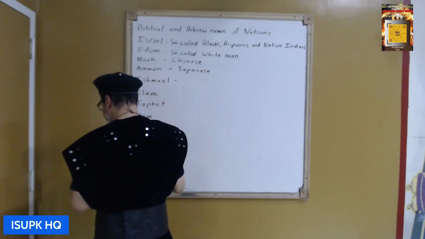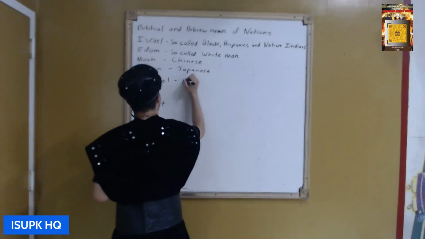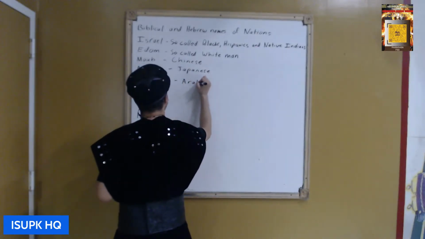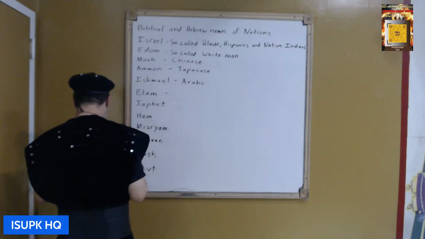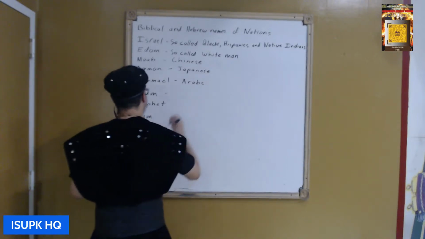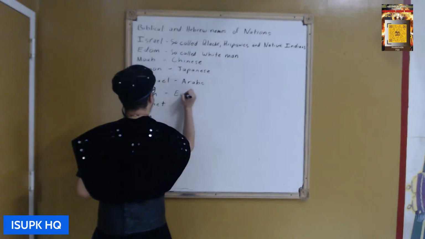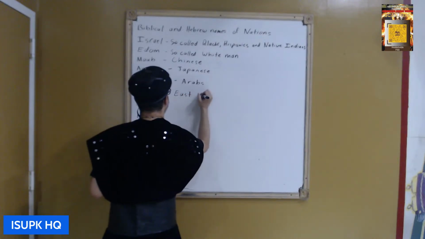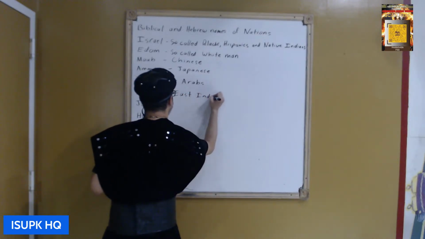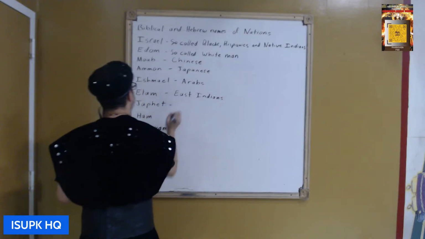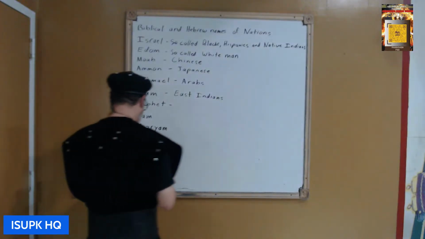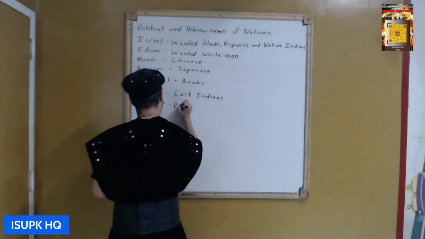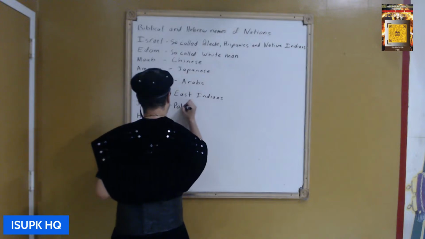We have Ishmael, which are the Arabs. We have Elam, which are the East Indians. We have Japheth, which are the Polynesians.